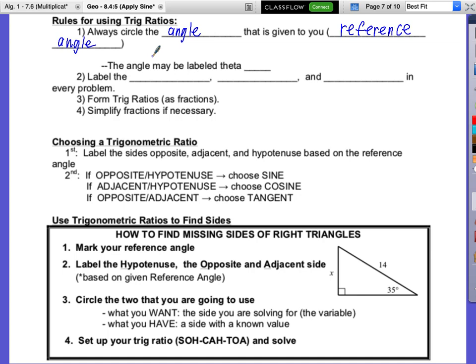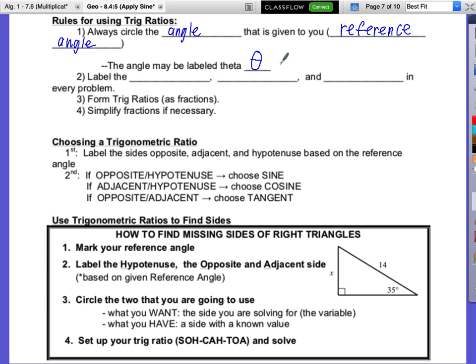Now, the angle may be labeled theta. Theta is a Greek letter. It looks like a zero with a line horizontally through the middle, not like a slash, but a line right through the middle like that. Theta is a variable that we'll use in math. It's a Greek letter, but for us, it's a variable, just kind of like x or y, except theta is used exclusively for angle measures.